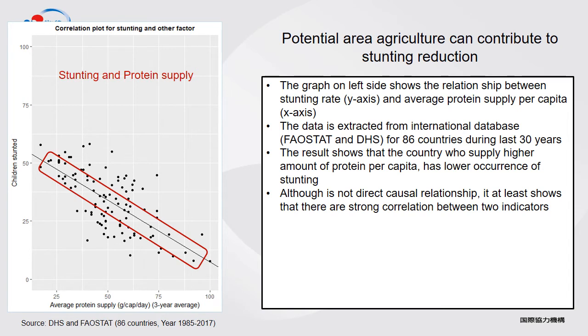It is well known that most developing countries heavily rely on carbohydrate for their diet, and adjustment is required among macronutrients: carbohydrate, protein, and fat. And the agriculture sector can contribute to this process through improving availability and accessibility of protein.